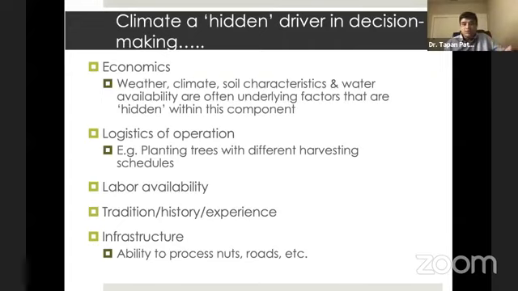Tradition, history, and experience are the main drivers. A lot of times climate is sort of working as a hidden driver. So as an applied climate scientist, I think our job is to find ways to integrate that risk perception in all those sectors, and not just focus on production.